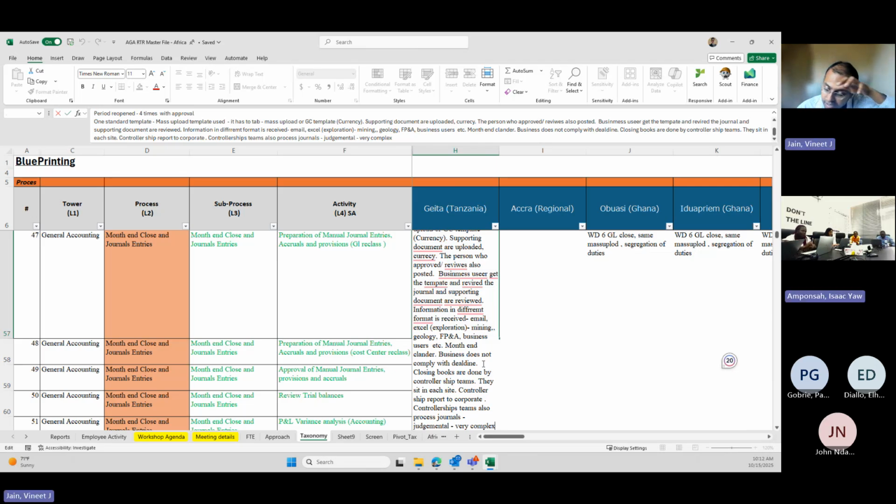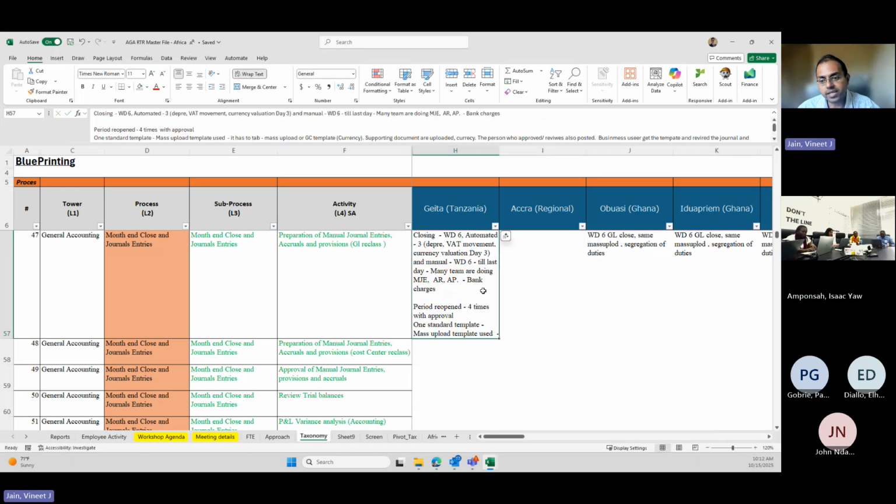So as far as the challenges are concerned for the journal entries, what are the main challenges you face? Sometimes the information is not coming by the deadline, then you have to follow up a lot. And sometimes information is coming incorrectly, meaning they are not providing the right account code or other information.